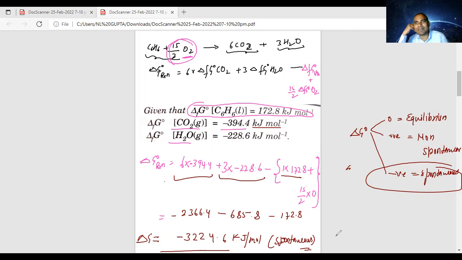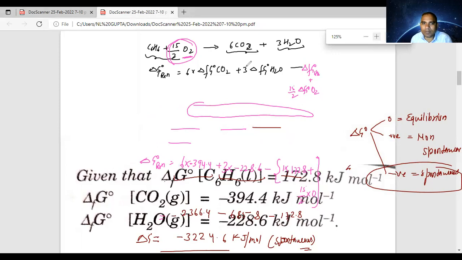Can I erase this one? Yes, sir. Wait a moment. I'm trying to enlarge the size of this page, but it's not getting larger. Okay, not that much.